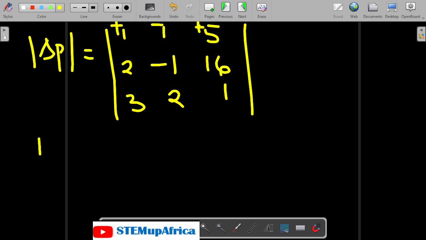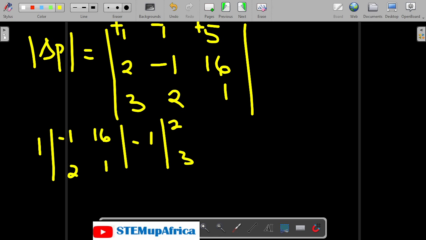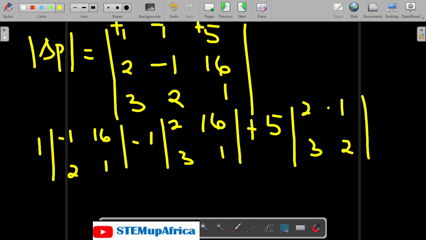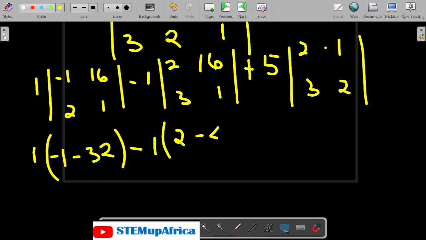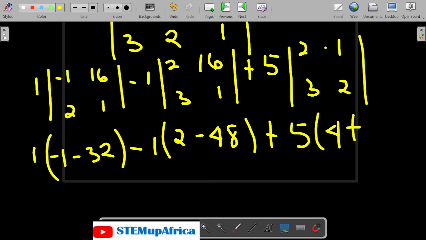So I'm having 1 into minus 1, 2, 16, 1, minus 1 into 2, 3, 16, 1, and plus 5 into 2, 3, minus 1, 2. So let's see, I'm having 1 into minus 1 minus 32, minus 1 into 2 minus 48, plus 5 into 4 plus 3.